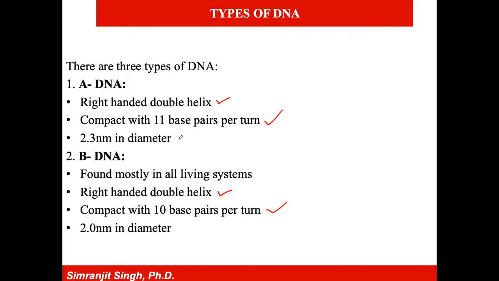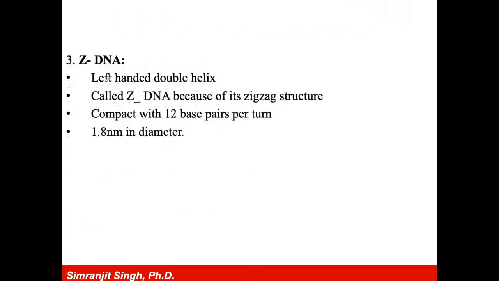And the diameter is quite bigger than the B DNA, that is 2.3 nanometer. Here, the diameter is around 2.0 nanometer, and this is the widely accepted DNA in all living systems as compared to the A DNA. So this is much broader from the length perspective, like 2.3, and this is not so much. And this is even thinner, 1.8 nanometer, but longer, 12 base pairs per turn.